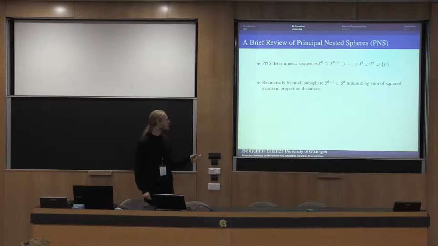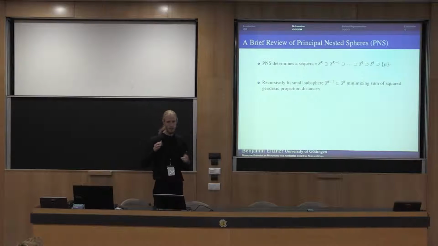And this is what I meant in the sense that spheres are nicer for dimension reduction than linear spaces, because you have an additional degree of freedom by changing the radius of the subsphere, and you still stay in a space of the same structure, which is not possible for linear spaces in this sense.